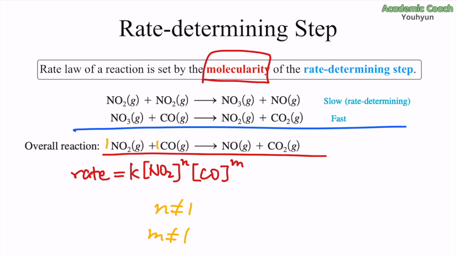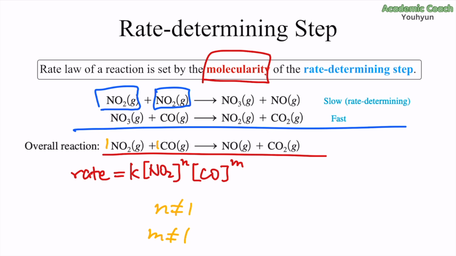So this is the reaction mechanism. Step number 1 is slow. Step number 2 is fast. That means step number 1 is the rate determining step. Now let's take a look at the reactant part of this rate determining step. For the reactant part, we have 2 moles of nitrogen dioxide reacting together.